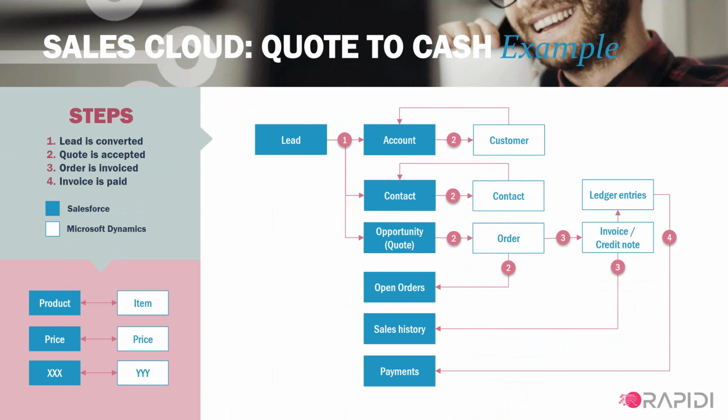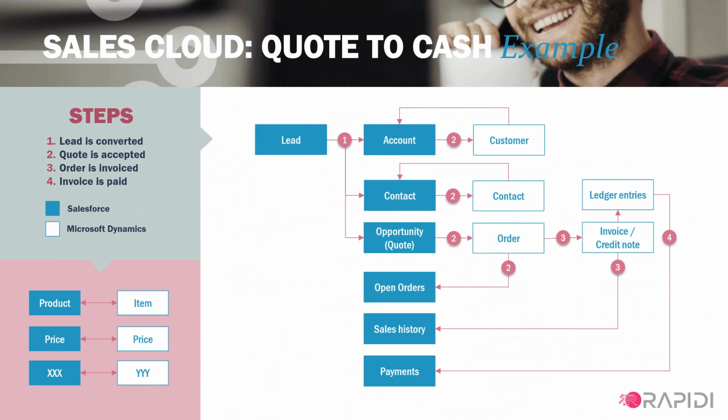When we synchronize the invoice, then we remove the open order. So whenever you look in Salesforce, you would get an accurate overview of what your open orders are, what your posted invoices are, etc.